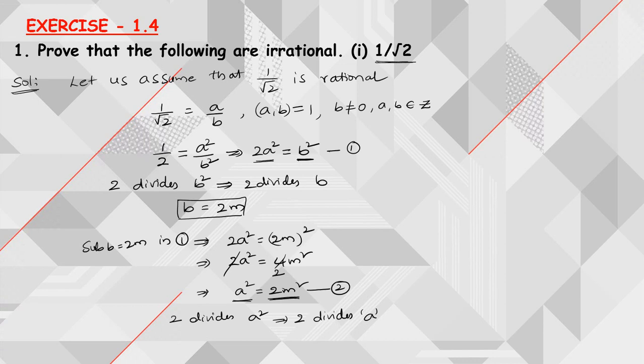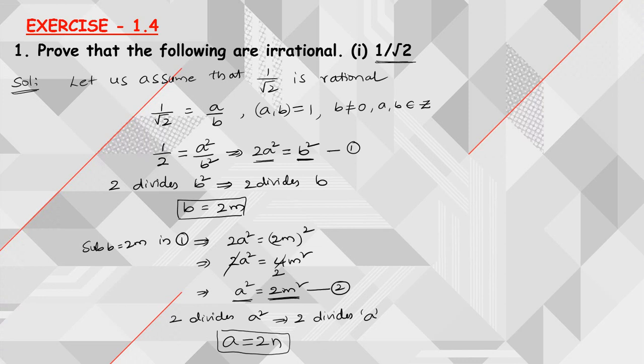When a square is equal to 2 times m square, a is also a multiple of 2, so I can write a is equal to some 2 times n.